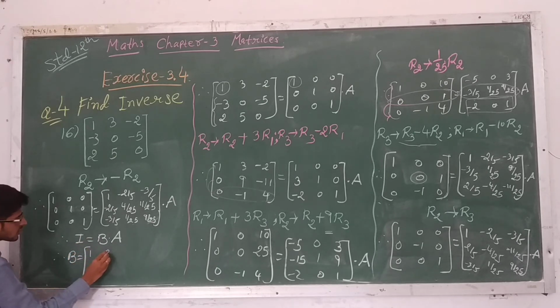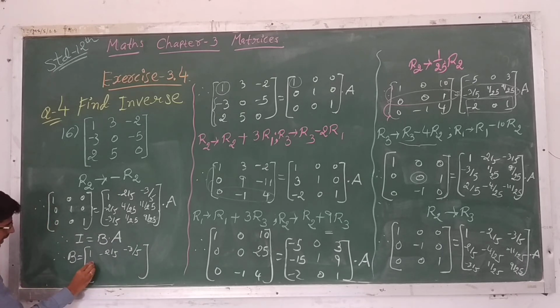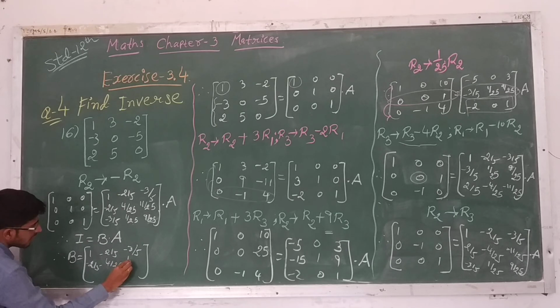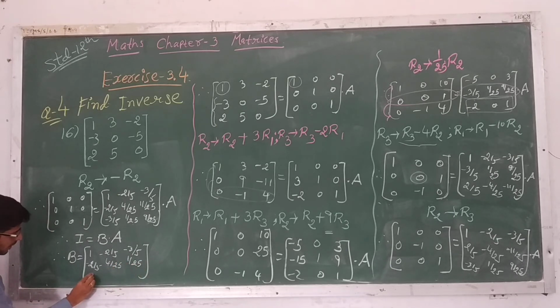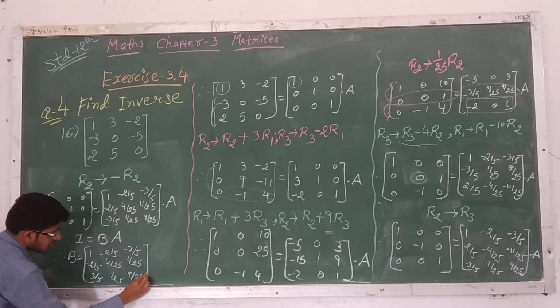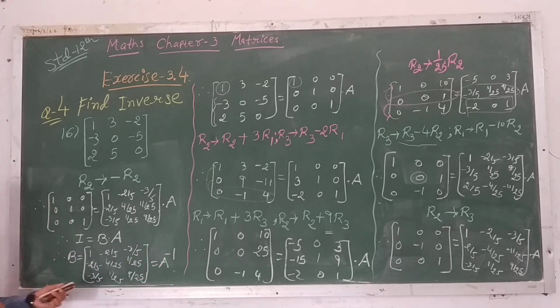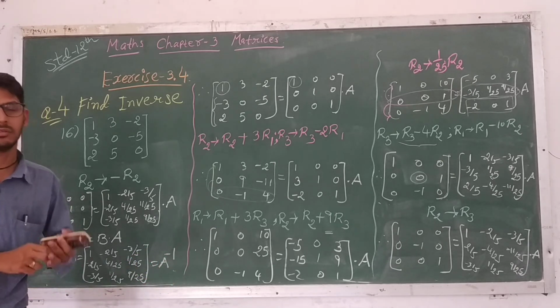So 1 minus 2 by 5 minus 3 by 5, minus 2 by 5 4 by 25 1 by 25, minus 3 by 5 1 by 25 and 9 by 25 is equal to A. It gives our inverse of the given matrix.